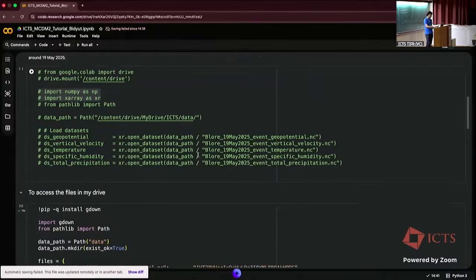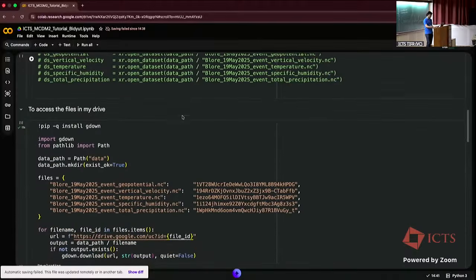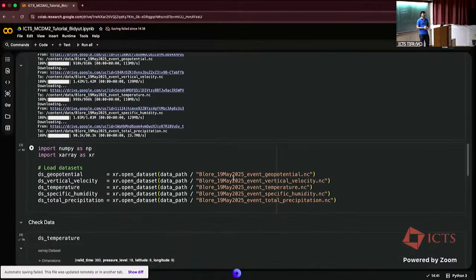Later, when I commented everything out and tried yesterday, it worked because the variable was already in memory, so it accepted this block. But the short answer is you need to copy this block. Anybody else having the ds_temperature issue? No, right? Because this is the only editing we have done.